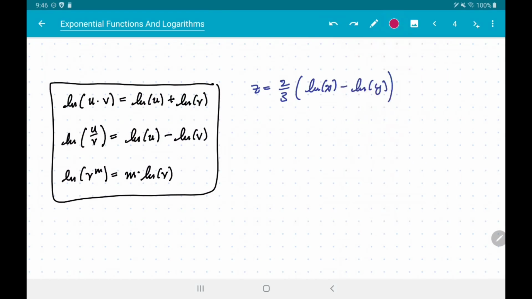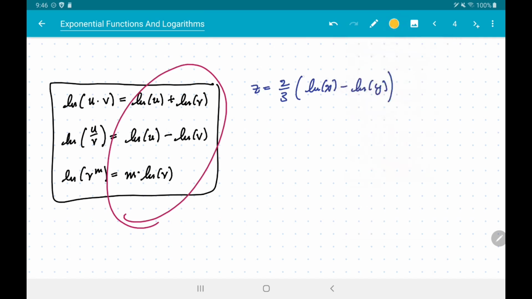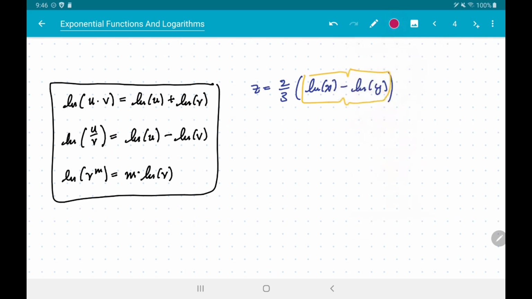Okay, so of these formulas, which one can we apply to that part of the expression for z? Right, that one. So I need to write z equals 2/3 times ln of x divided by y.